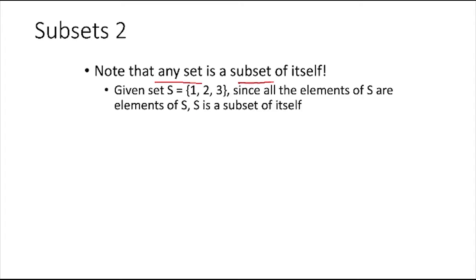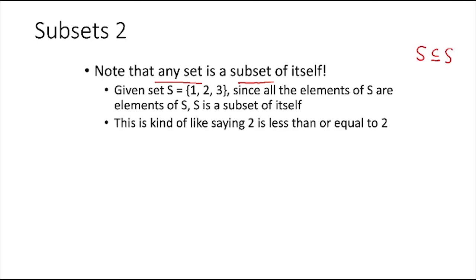Right now, you have to remember a few things about subsets. Any set is a subset of itself. Like any set, I'm saying, like S is equal to 1 to 3. Since all the elements of S are elements of S only, this S will be the subset of S only, right?